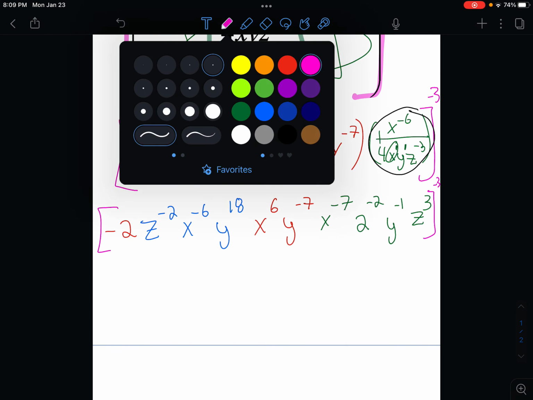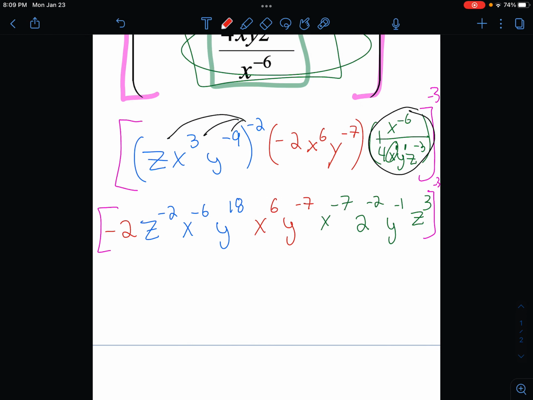Next, I'm going to look to start combining. So I have negative 2, which I'm going to factor out negative 1 times 2 to the 1st. Negative 1 is going to sit out in front. 2 to the 1st and 2 to the negative 2 resolves into 2 to the negative 1 when we use addition.